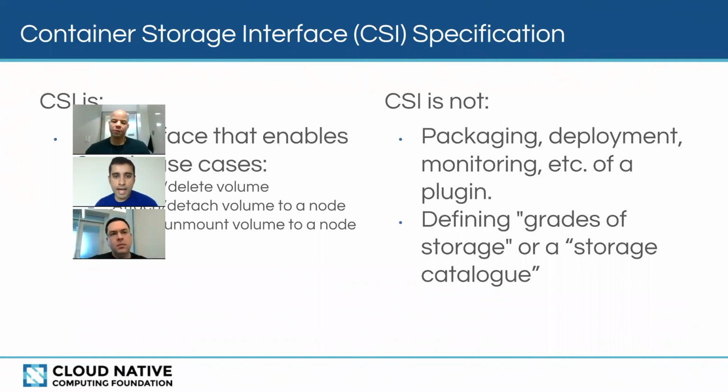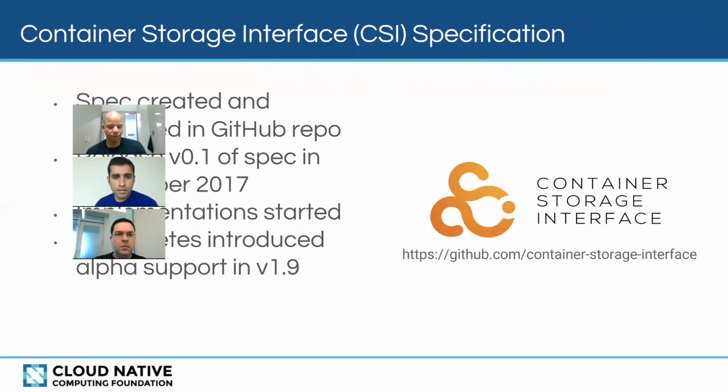The CSI specification only defines the interface with which an arbitrary CO can speak to an arbitrary volume plugin. It doesn't care how the volume plugin is packaged, how it's deployed, how it's monitored, et cetera. Basically, all it wants is RPC input. Next slide.